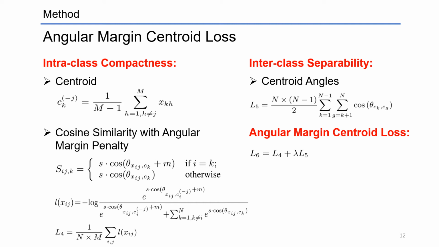This effectively improves the intra-class compactness of speaker embeddings. Secondly, we consider the angular distance between different speaker centroids, and we decrease this distance to enhance the inter-class separability. We use a hyperparameter lambda to balance these two terms.